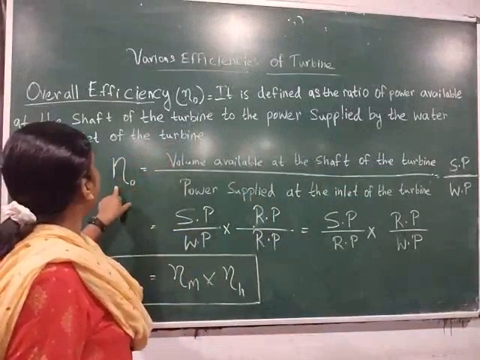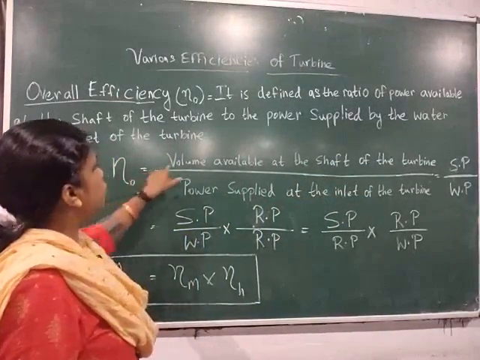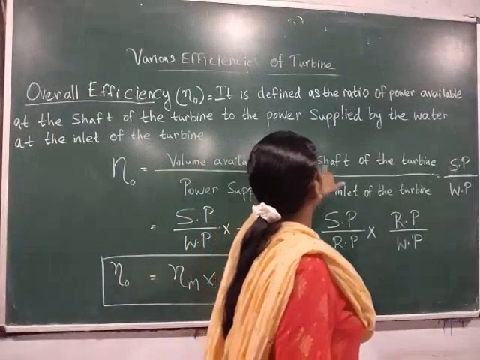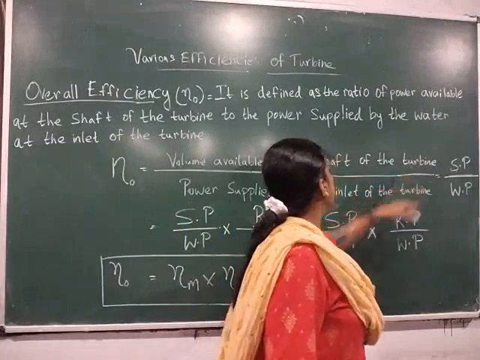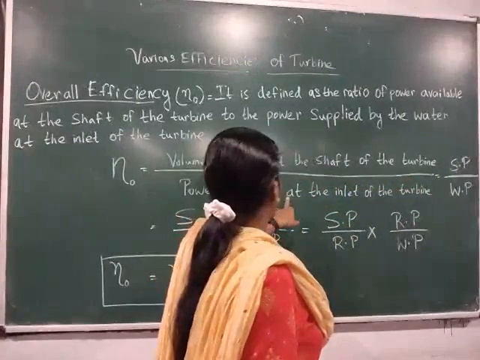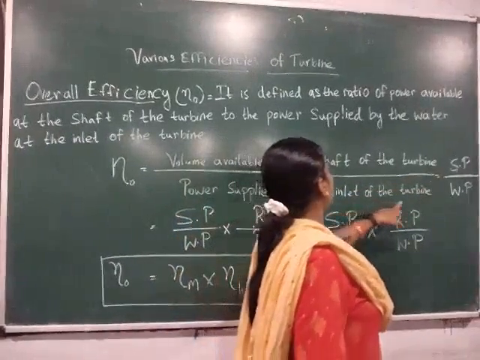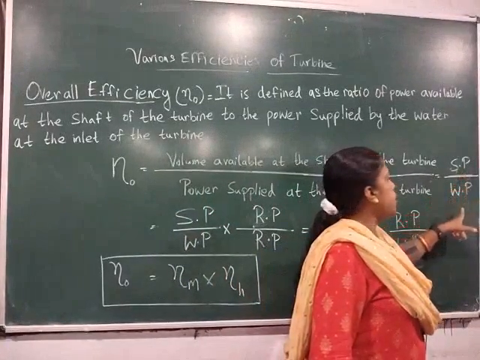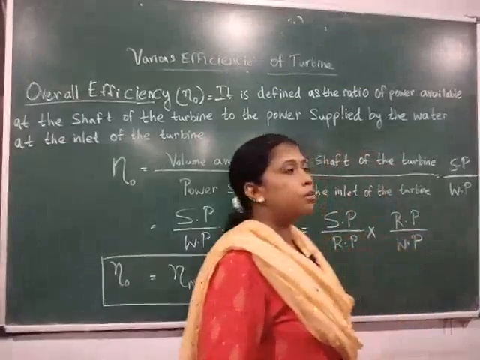So we can write overall efficiency as power available at the shaft of the turbine divided by power supplied at the inlet of the turbine. So this is nothing but shaft power divided by water power.